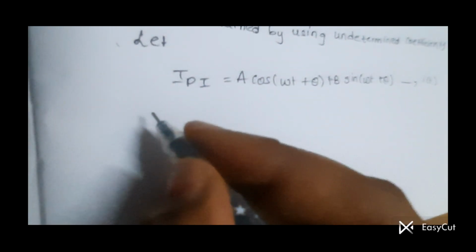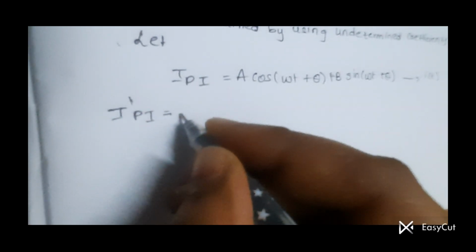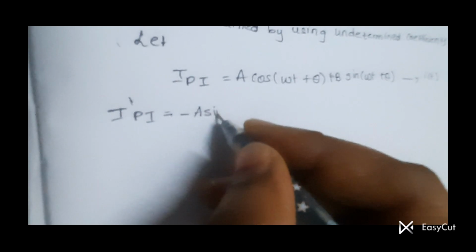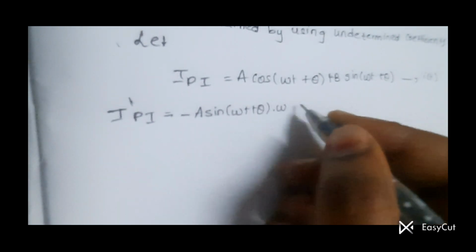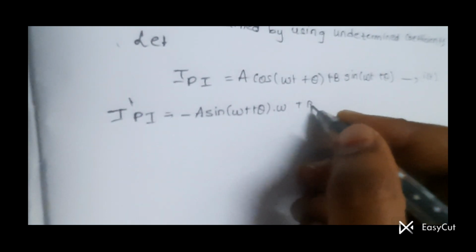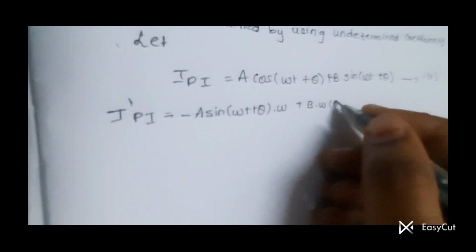Differentiating this equation, we get i dash of p, that is minus A sin of omega t plus theta into omega plus B into omega. What is the derivative of sine? Cos.